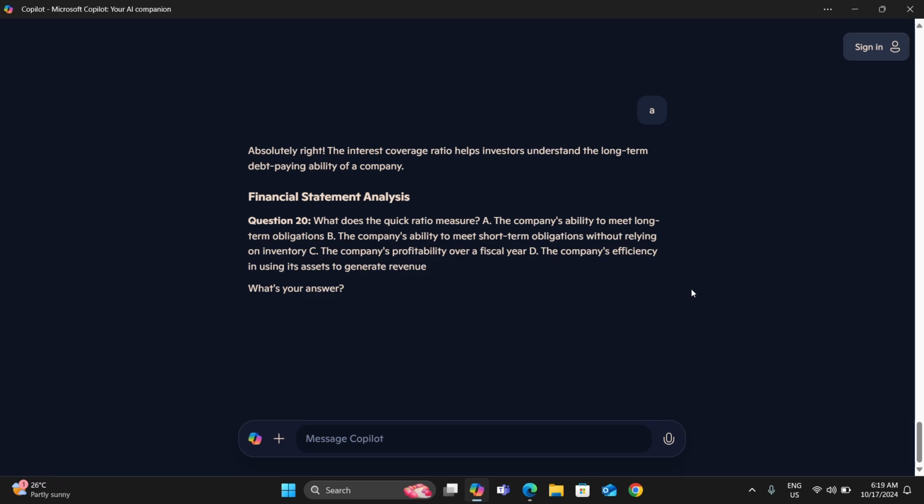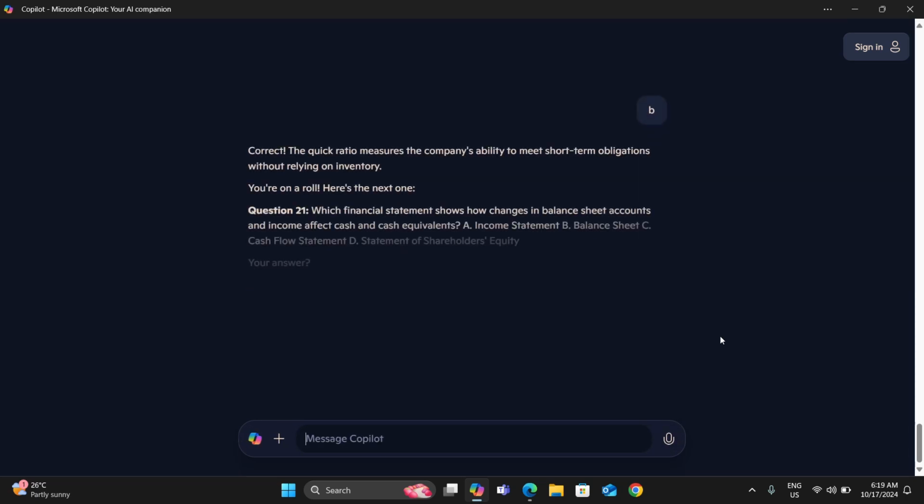But letter B is specific. Letter C, company's profitability over the fiscal year. No, that's not the quick ratio. Profitability is not the concern of quick ratio. The company's efficiency in using its assets to generate revenue. It's not also the purpose of quick ratio. Okay, so letter B. So this is the last question, I guess, for this video.